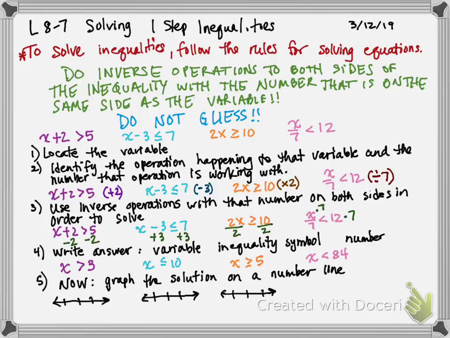What number goes in the middle? The answer. So here would be a 3. And in the second one, it would be a 10. The third one would be a 5. And the fourth one would be an 84.